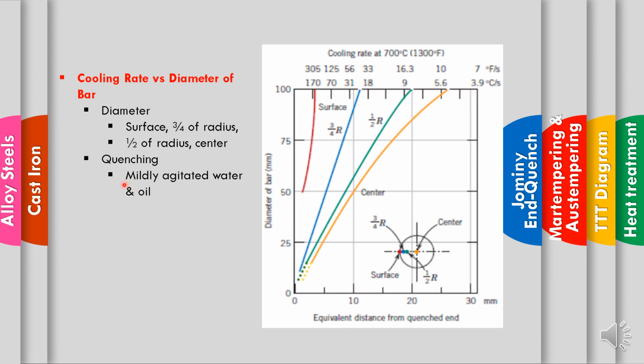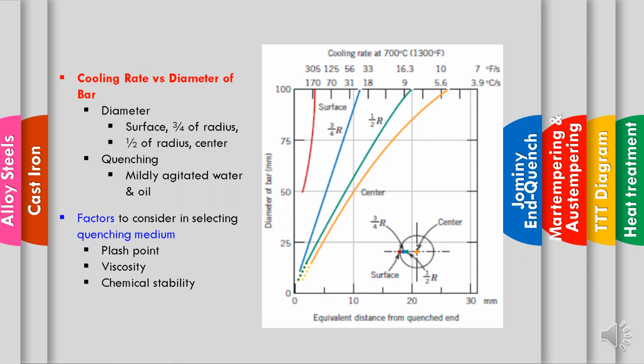For quenching, there are mildly agitated water and oil. Factors to consider in selecting a quenching medium include flash point, viscosity, and chemical stability, and also the main reason, the cooling rate.